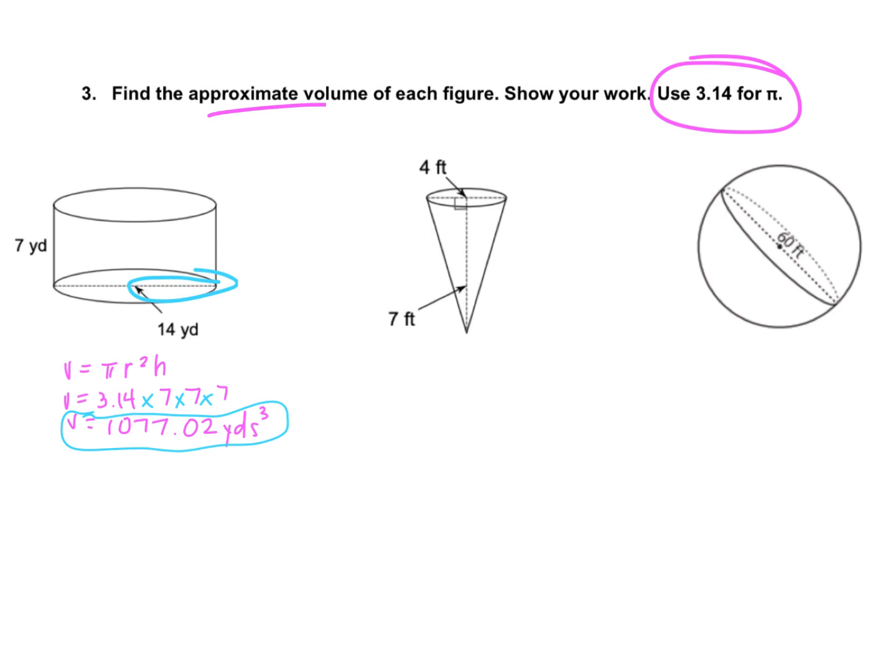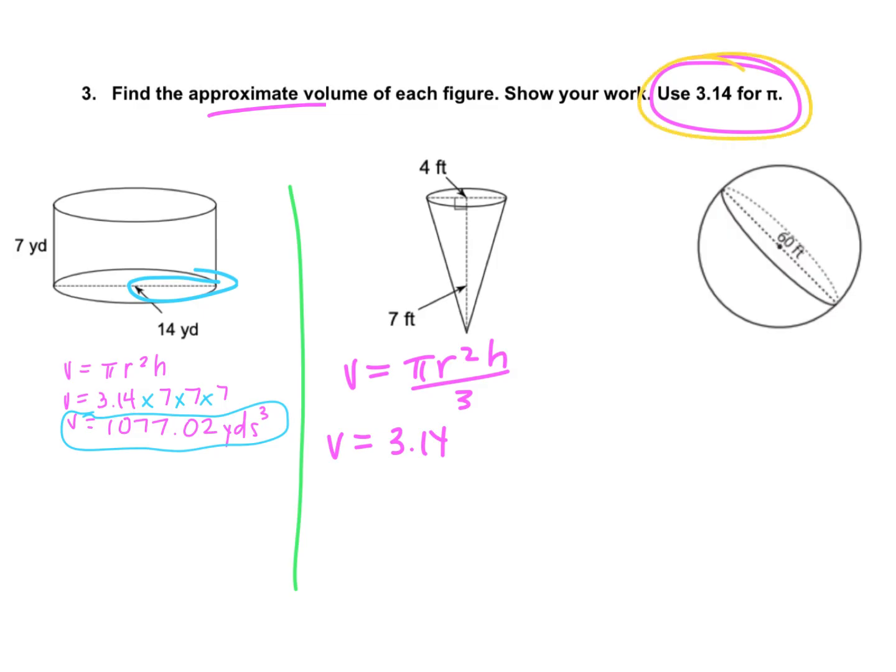Okay, again, our cone here is pi r squared h, and divide that by 3, or you can use 1/3 if that's your preference. Okay, so we're going to use 3.14 for pi, like the directions say. And then we're going to times that by the radius.